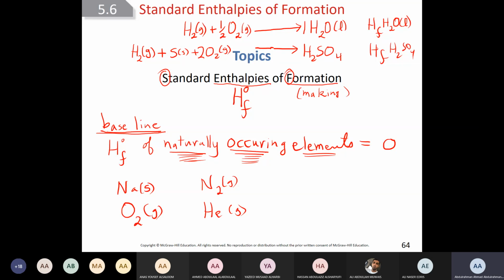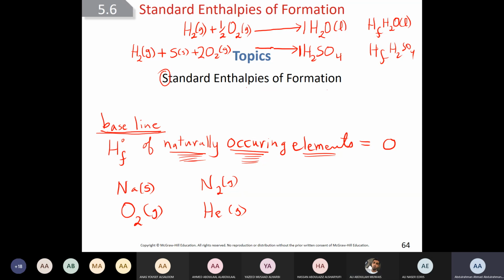I want to keep this always as what? As 1 mole. Is this clear? Good. Let's do one more example just to make sure everything is okay.